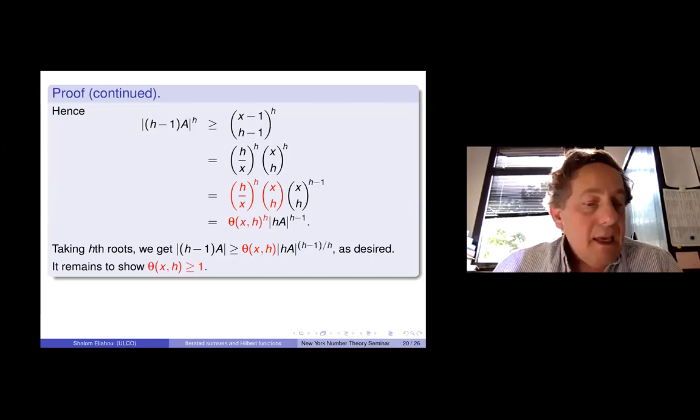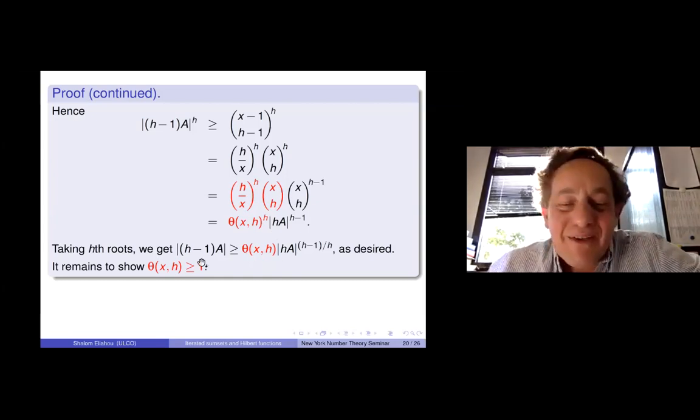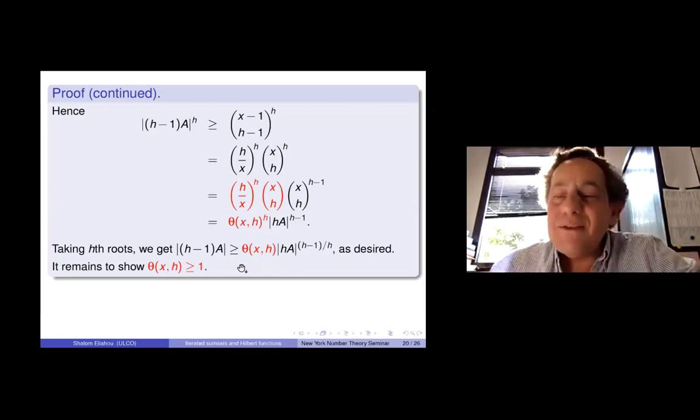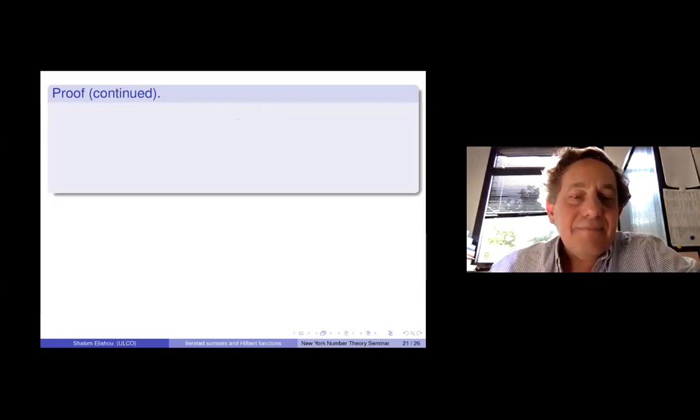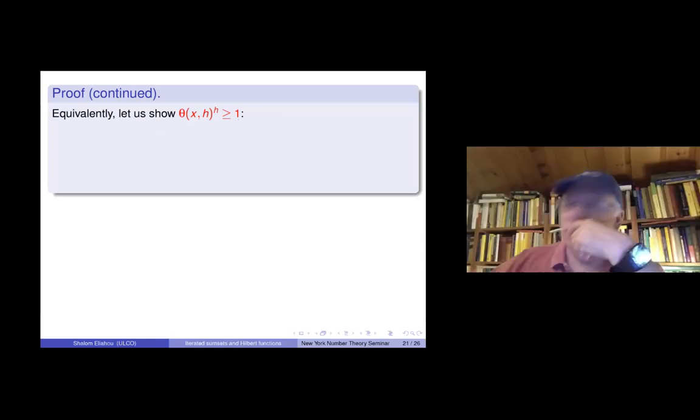Okay. And it remains to show that, you see, if this factor was 0, we would not get very far, but in fact, let's show it's at least 1. This is in the next slide. In order to show it's at least 1, let's raise it to the power h and show that this power h is at least 1.